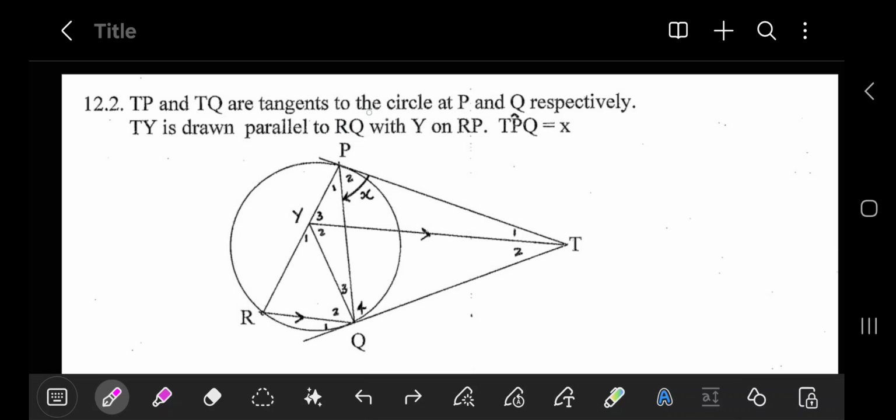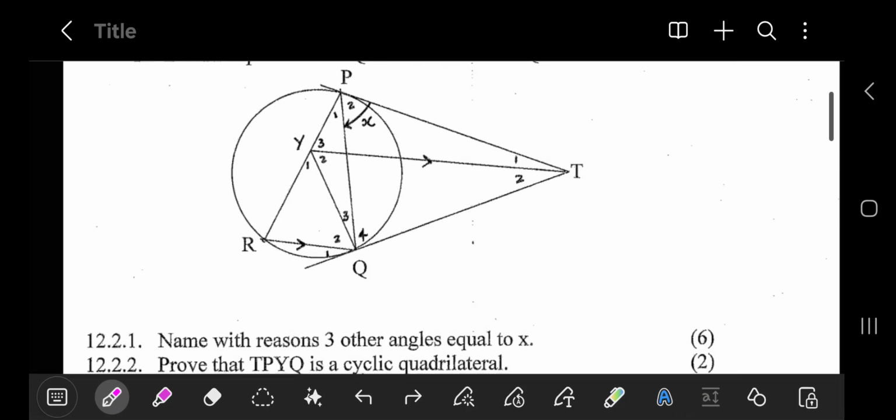And it says that Y is on RP, so yes, we see that on line RP, here's Y. Then it says angle TPQ is X, so follow that, TPQ, it's actually P2. So TPQ is the same thing as P2, that is X. So we've got a lot of information to start off with.